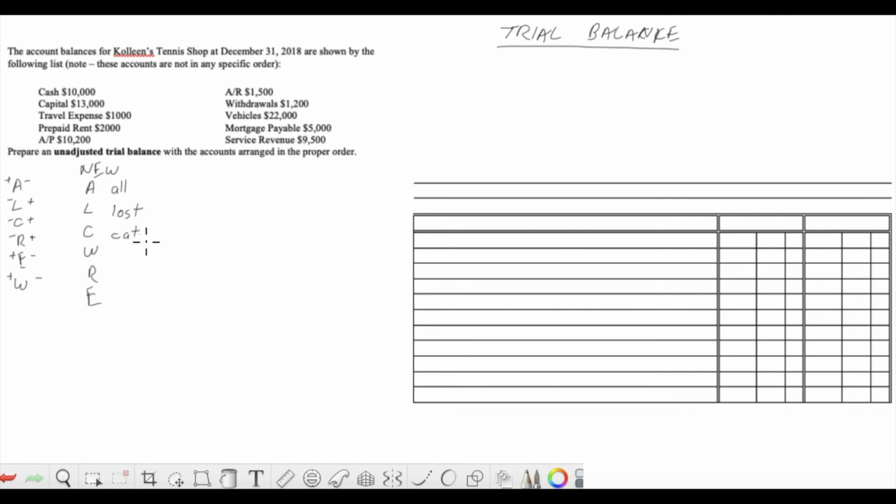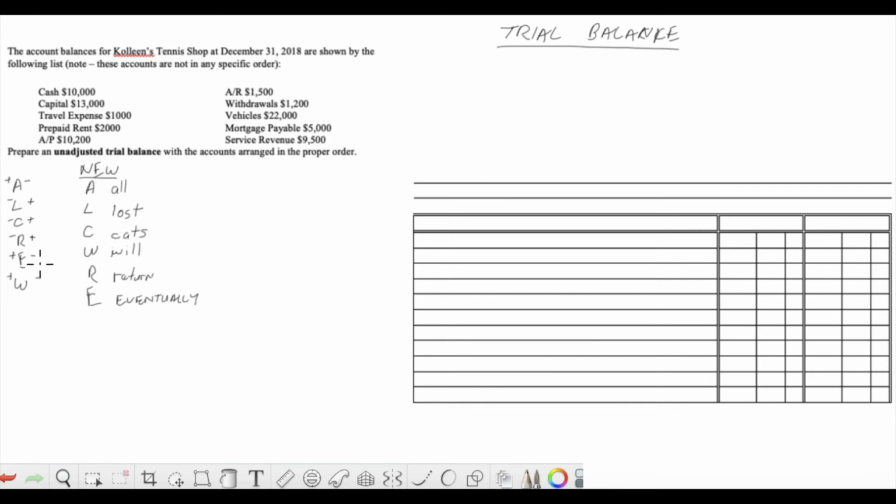So all lost cats will return eventually. All right. So that helps us do that. I'll explain that more, but this is the new acronym that you need to remember. All lost cats will return eventually.